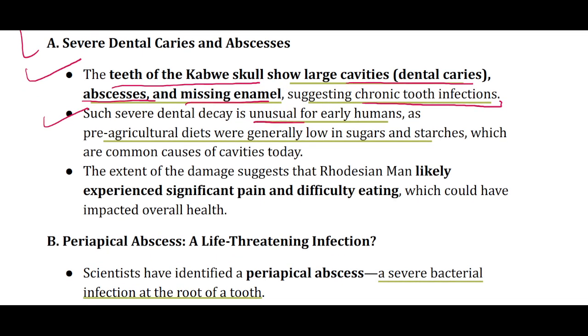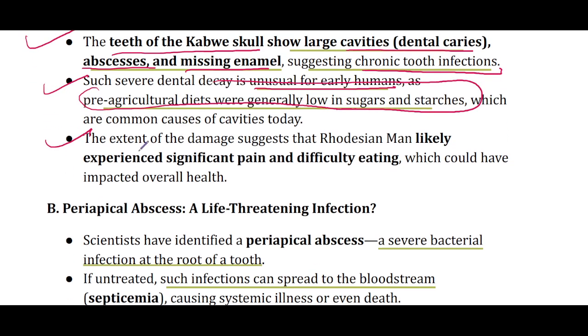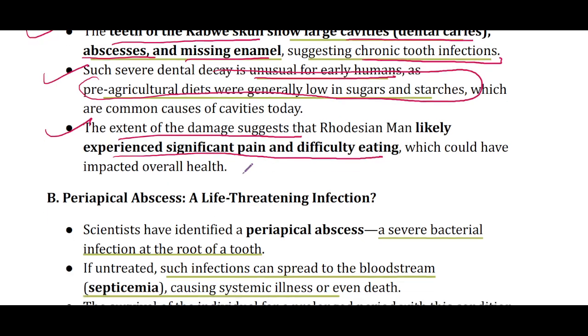This case is unusual for early humans because cavities are of very late origin, and pre-agricultural diets were usually low in sugar and starches. The extent of the damage suggests that Rhodesian man likely experienced significant pain and difficulty eating.